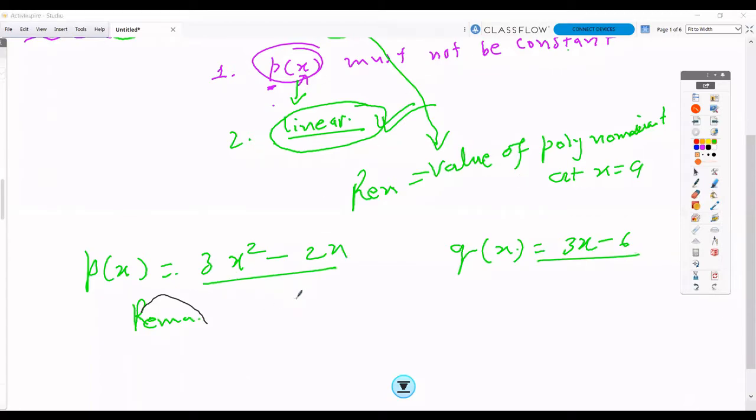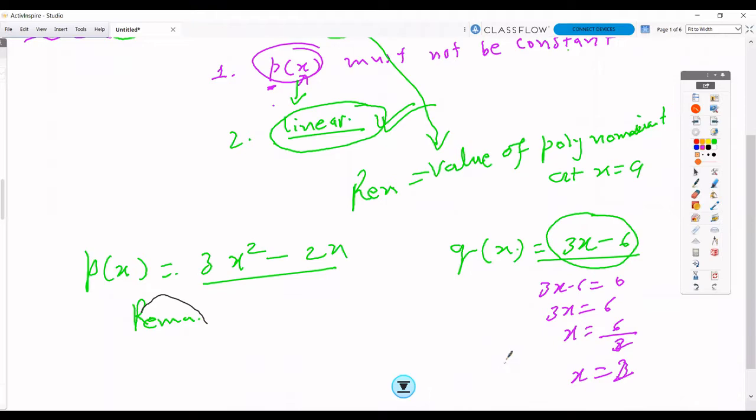My simple answer: I find the value of x from here, by equating it with 0. Now 3x is equal to 6, x is equal to 6 by 3, so x is equal to 2. Now I will find the value of the polynomial at x equals 2, and this is going to be the remainder of the division.